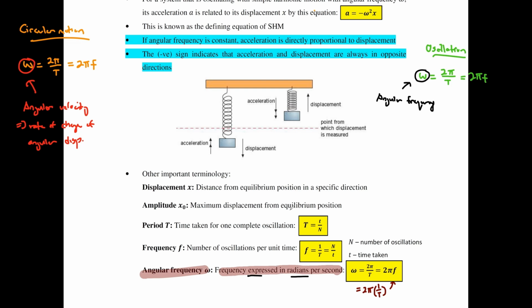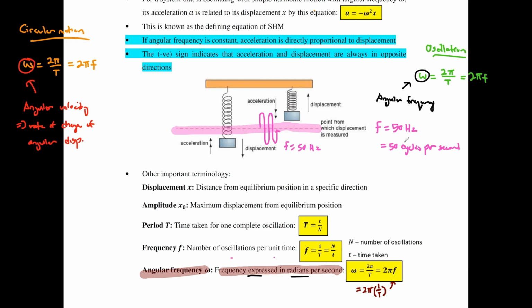Now, how do you make sense of what this is actually talking about? You can just think of it this way. If I told you this little mass spring system here oscillates up and down with, say, a frequency of 50 hertz, we know that if your frequency is 50 hertz, this means you have 50 cycles per second, because frequency is the number of oscillations per unit time.